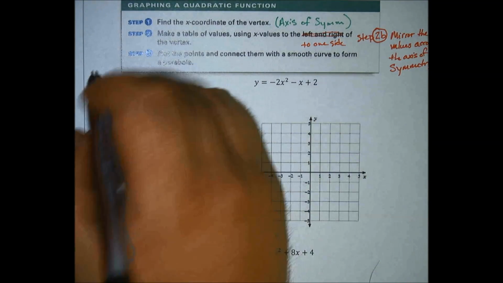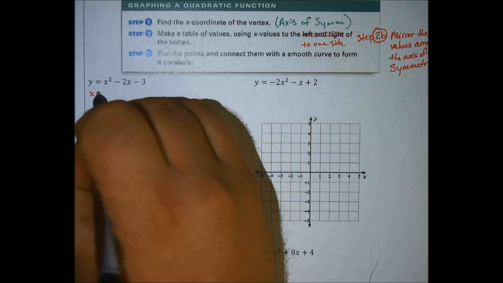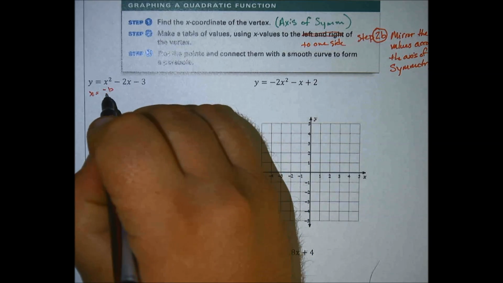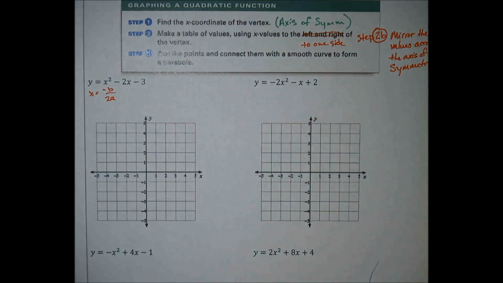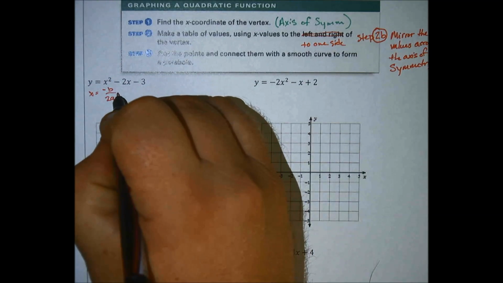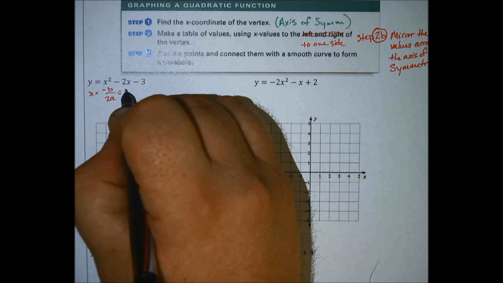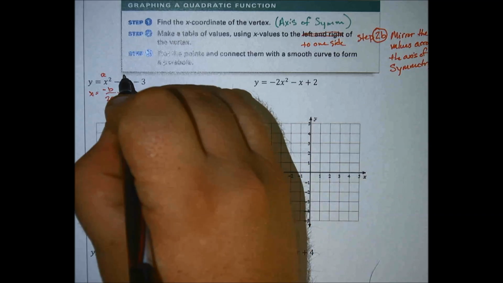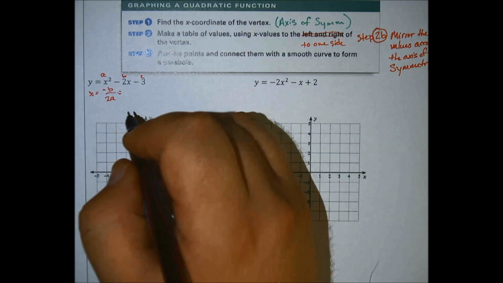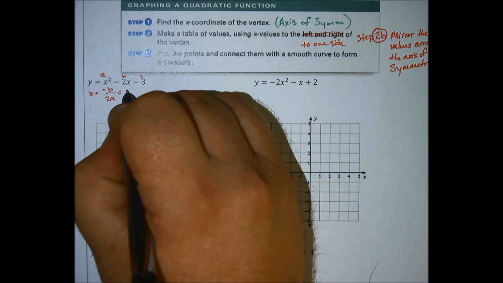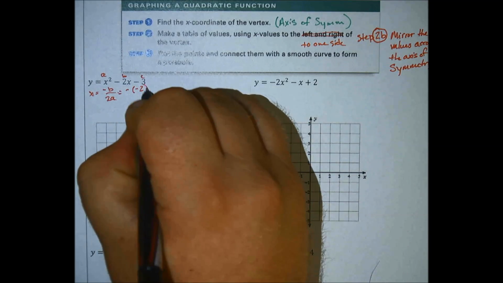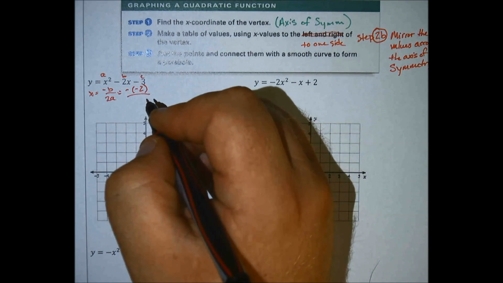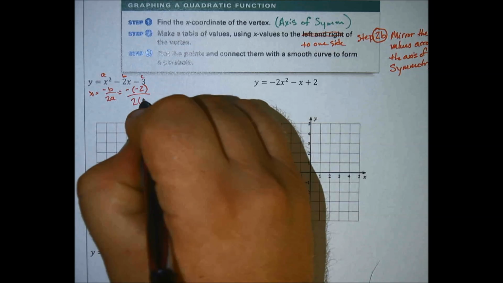Let's start off by finding that x-coordinate of the vertex. So x equals negative b over 2a. That's kind of tough to remember, but by the time it's all said and done, you'll have it pretty down because you're going to do it all the time. So negative b, I have an a there, b there, c there. So negative b is a negative 2 over 2 times 1.